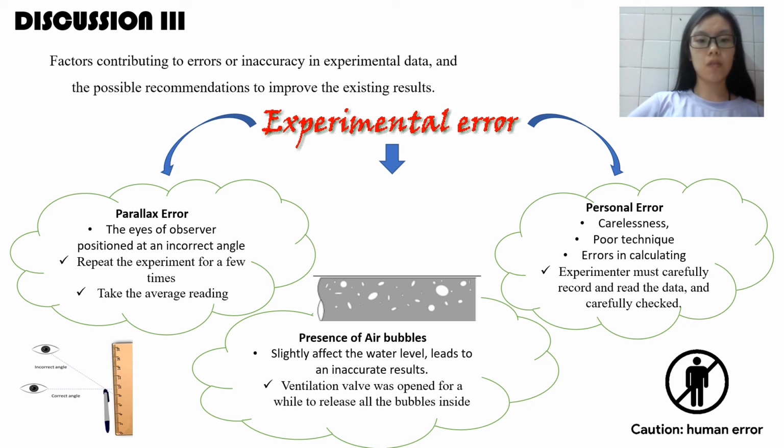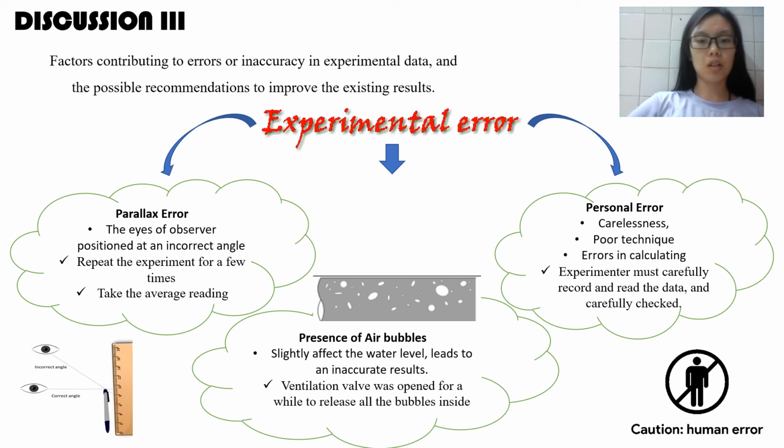When reading the meniscus in the manometer tube, the presence of air bubbles will also cause slight changes in the water level. To avoid this, at the beginning of the experiment, the ventilation valve was opened for a while to release all the bubbles inside. We need to ensure there is enough time to completely eliminate air bubbles from the tube to maintain its quality.